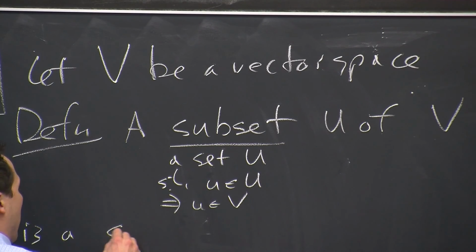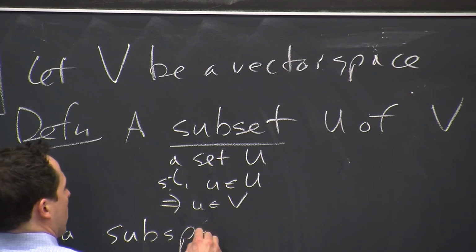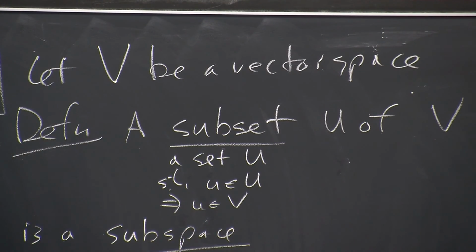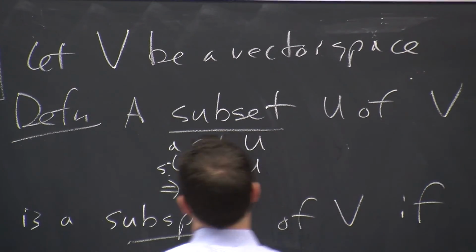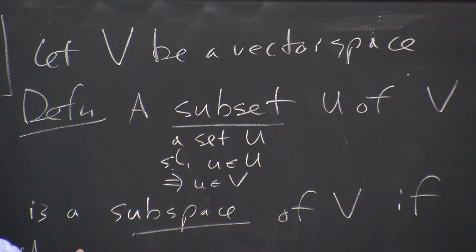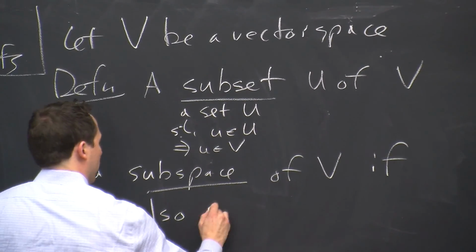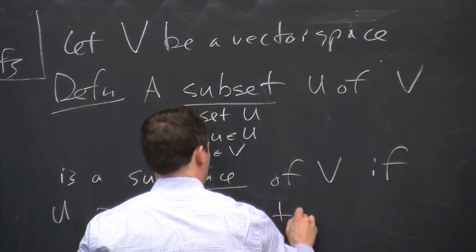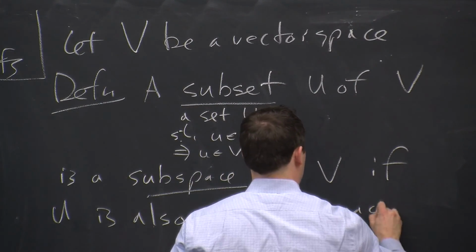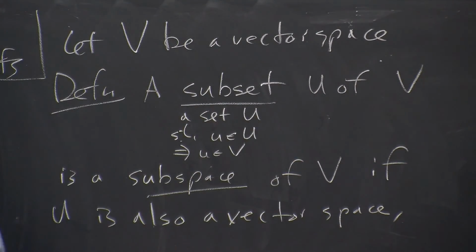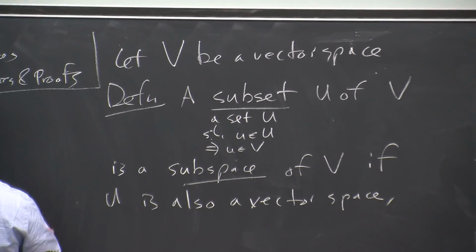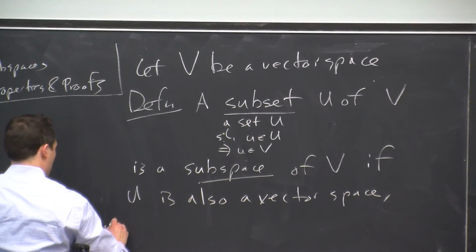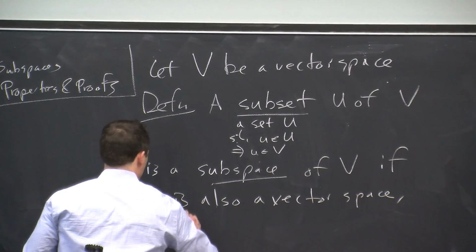A subset U of V is called a subspace of V if U is also a vector space. And we want not just that it's a vector space, but that it's a vector space with the same structure as V. So that means it has the same addition.